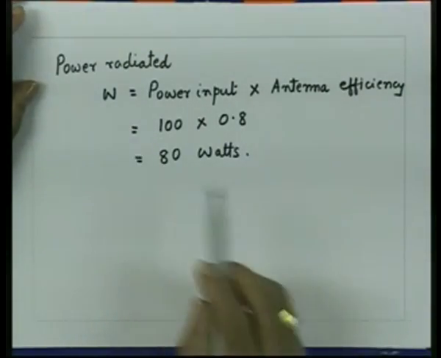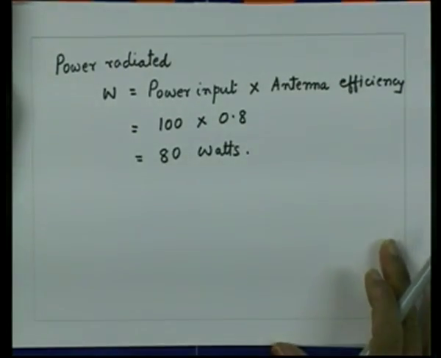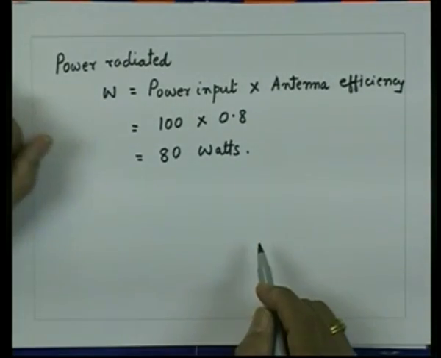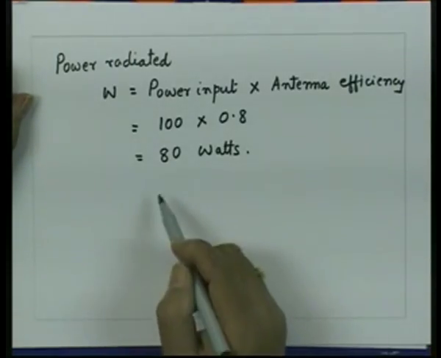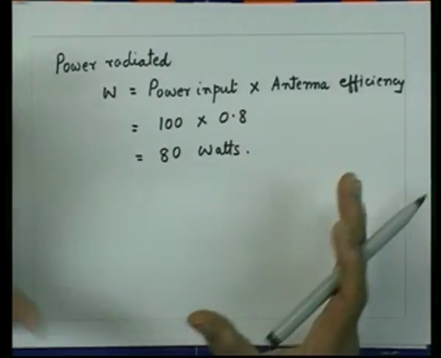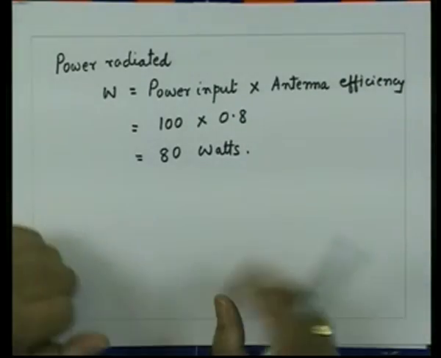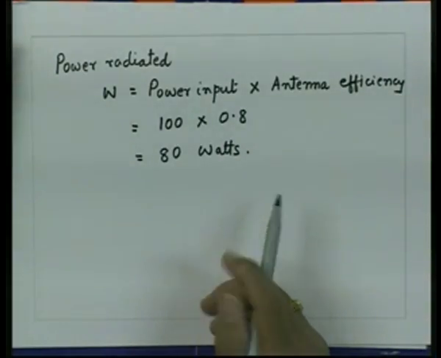Now, if this power is given to the isotropic antenna, then it will create uniform distribution of the power. If I distribute this power uniformly over 4 pi solid angle, then the power per unit solid angle is the radiation intensity.